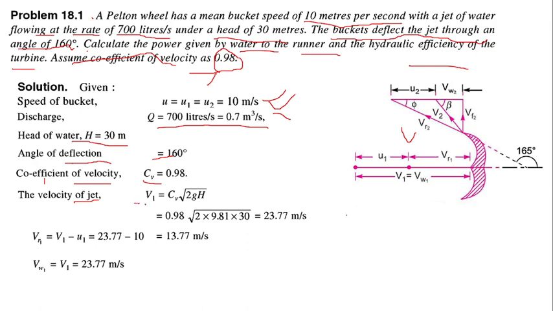Velocity of jet V1 is equal to Cv root 2gH, which is 0.98 into root 2 into 9.81 into 30, and we get the V1 value. Then VR1 is V1 minus U1, and VW1 is equal to V1, 23.77.